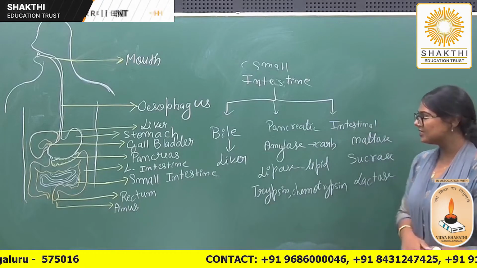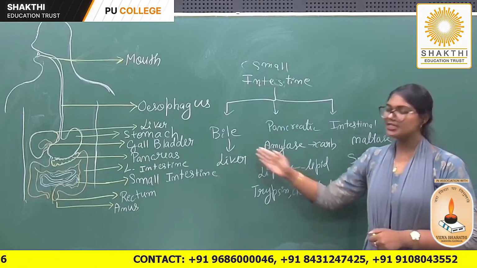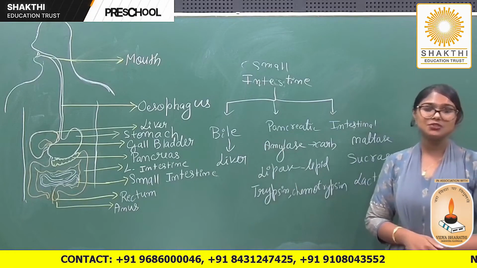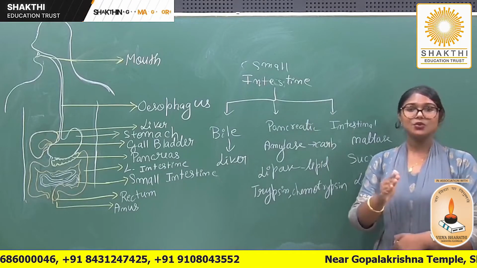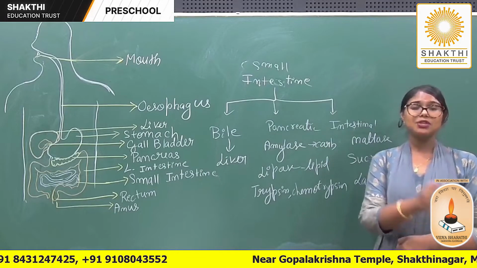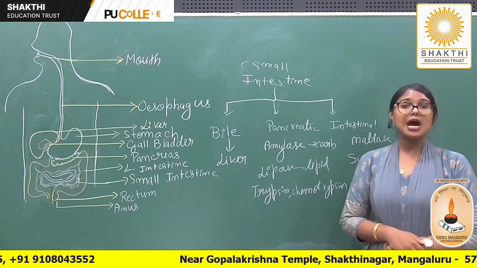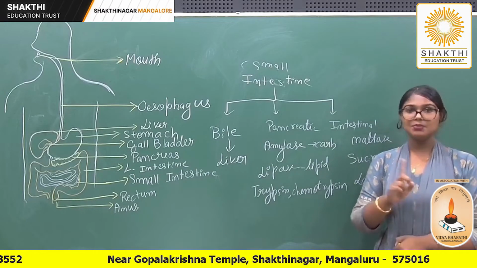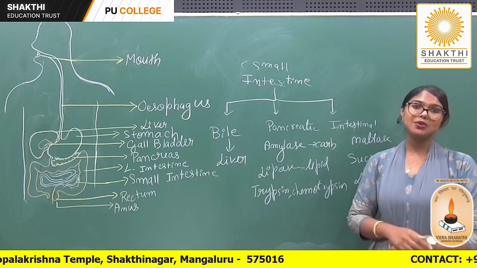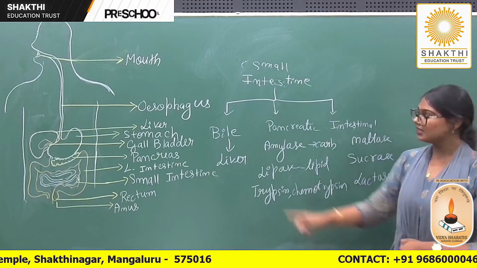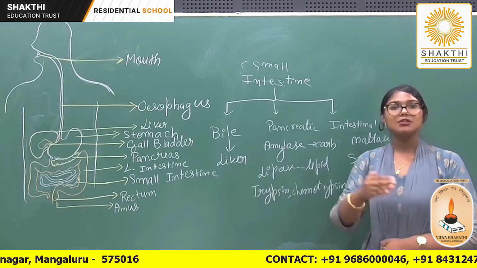Coming to the next, we have protein digestion happening in the intestine, students. Which intestine? Remember always small intestine. So in the small intestine, the proteins are converted into amino acids. Very important. The end product of protein digestion is amino acid. Finally, the bile juice acting on the fat.